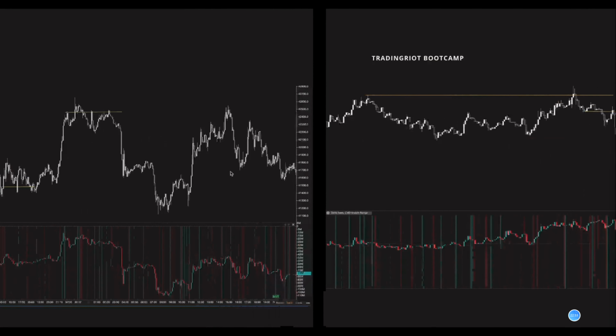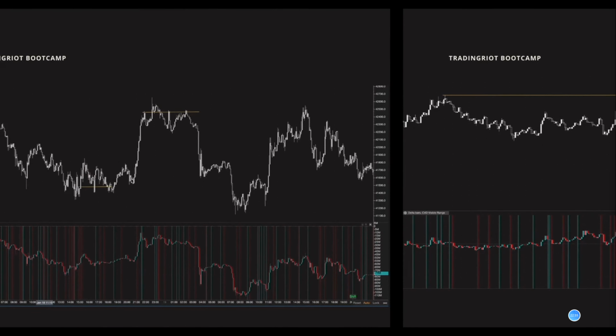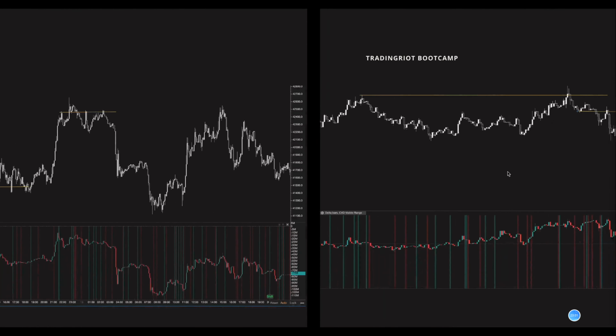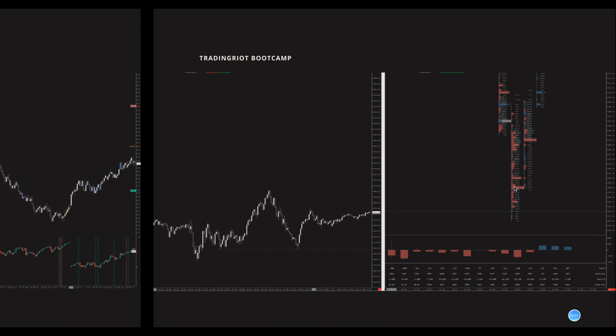Looking where people get stuck on the retest, looking how market is behaving, looking at your structures, and so on and so forth. Okay, so this was it for order flow and price action, and now let's jump into the auction market theory.